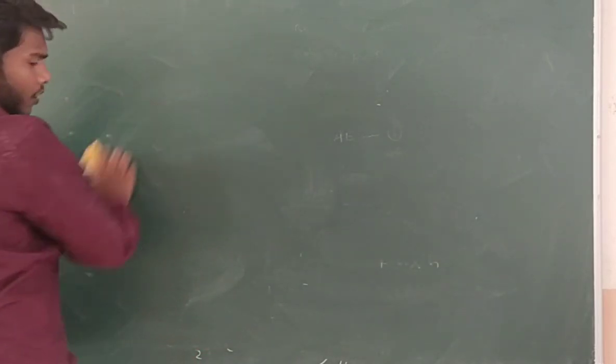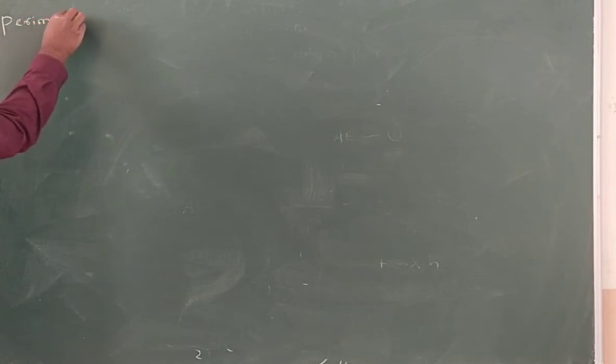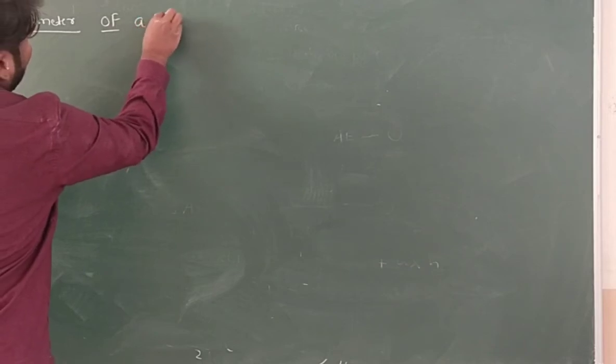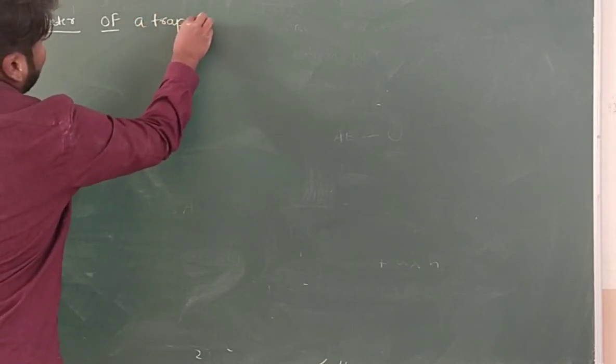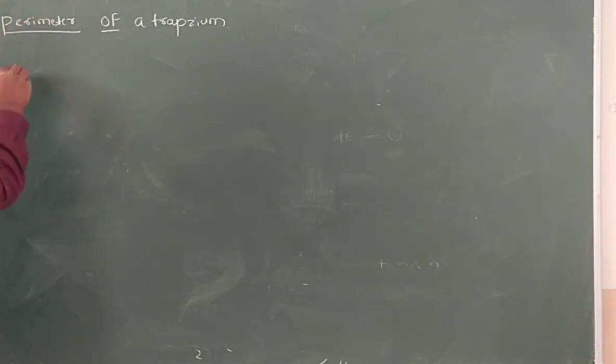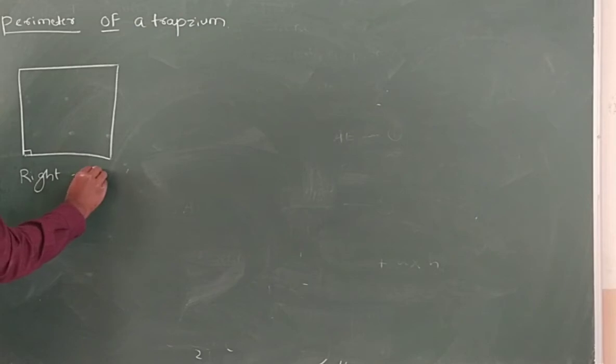Okay, next you have the concept of perimeter of a trapezium. One is a right angle trapezium.